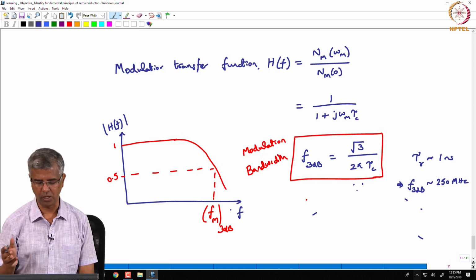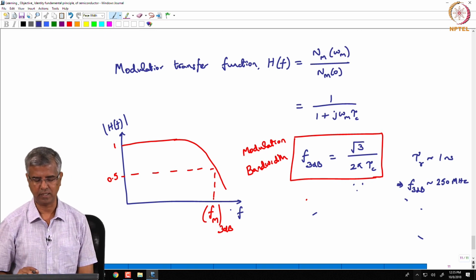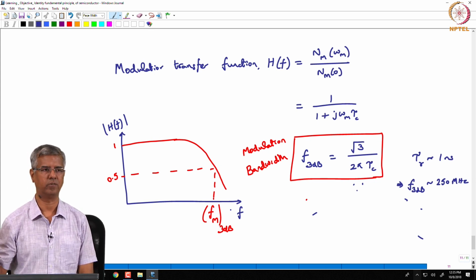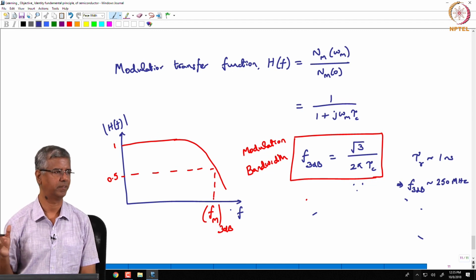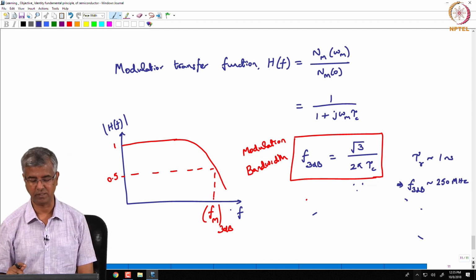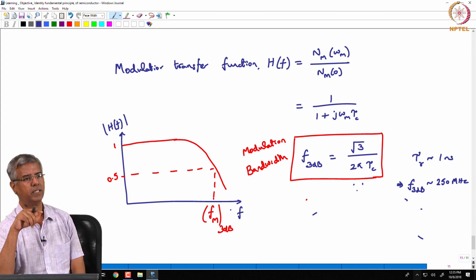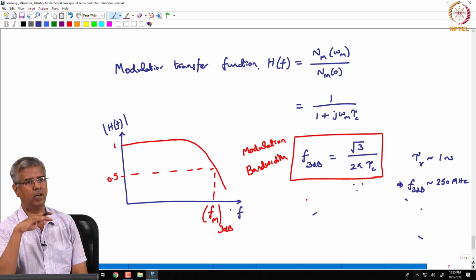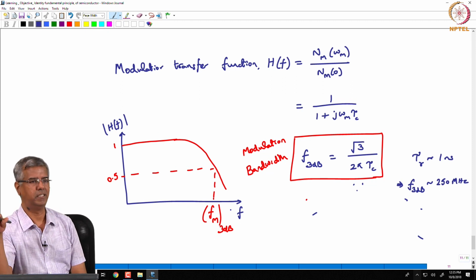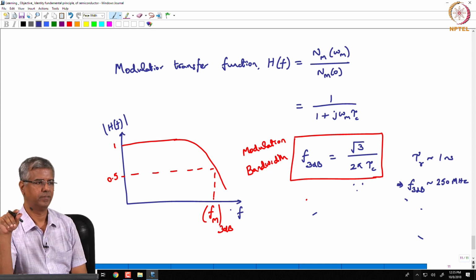The strength of your modulation that you are finally achieving is probably only in the order of 10 power minus 5 or 10 power minus 6, but still that constitutes a very small component that is modulated on a very large DC, right.